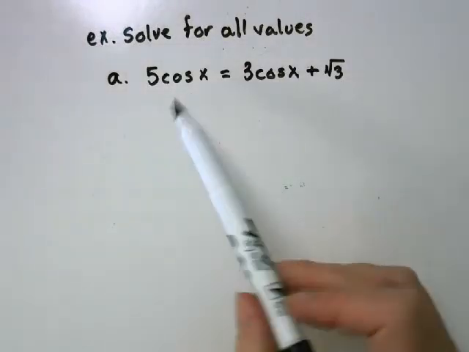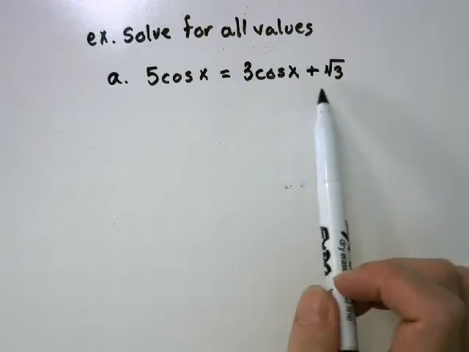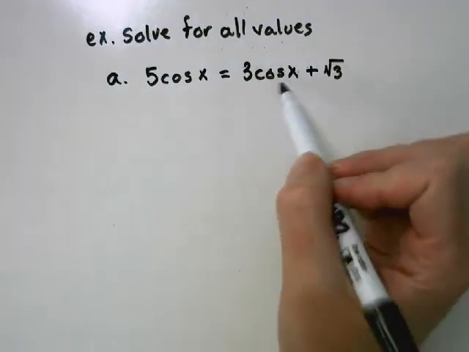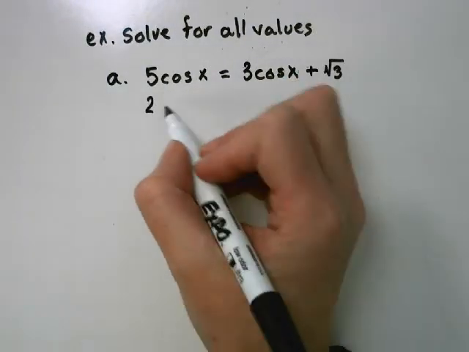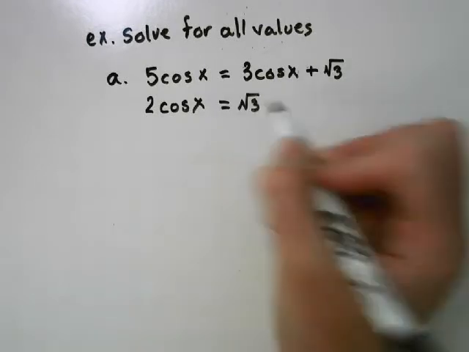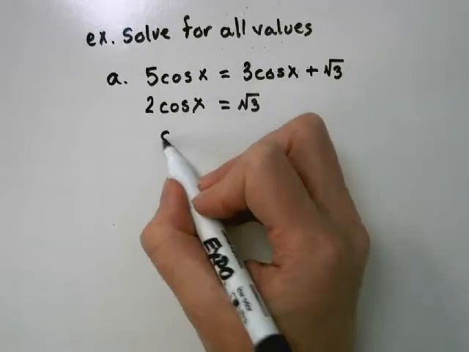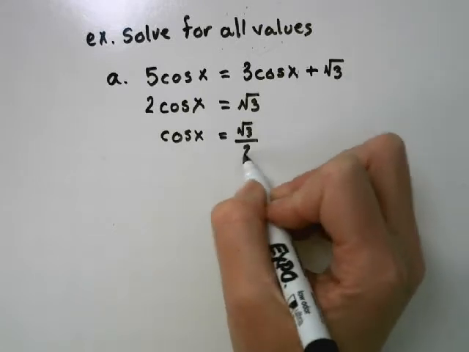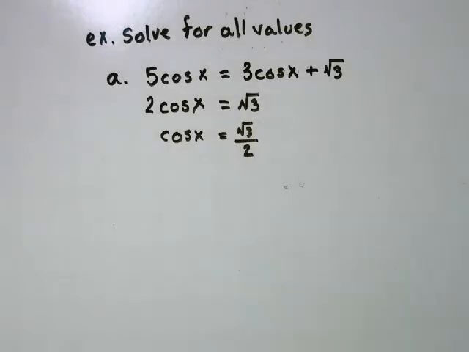Okay, so our first example, 5 cosine x equals 3 cosine x plus root 3. We're going to solve it just like you would any normal equation. So first I'm going to subtract 3 cosine x. So I'm going to have 2 cosine x is equal to root 3. Then we'll divide by 2. Then we go to our unit circle.